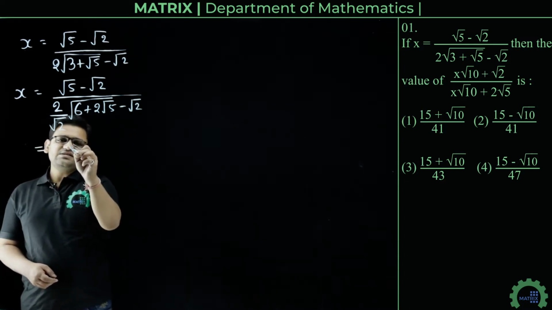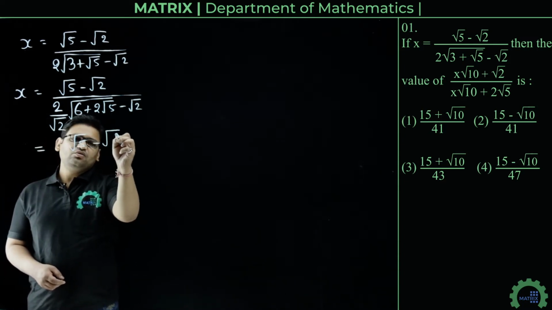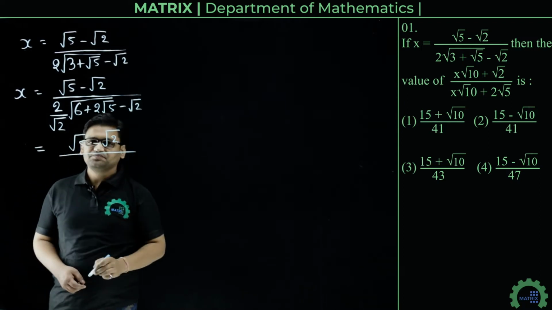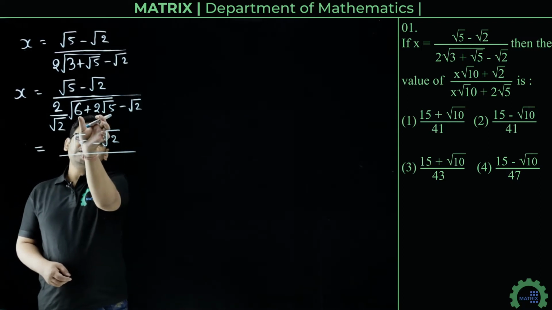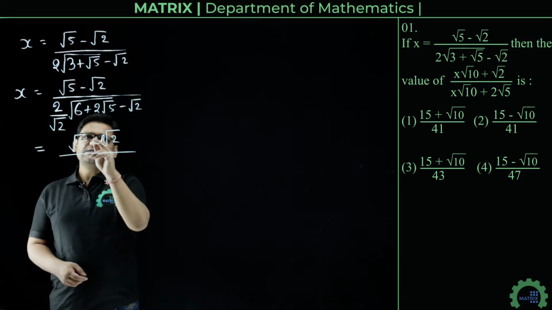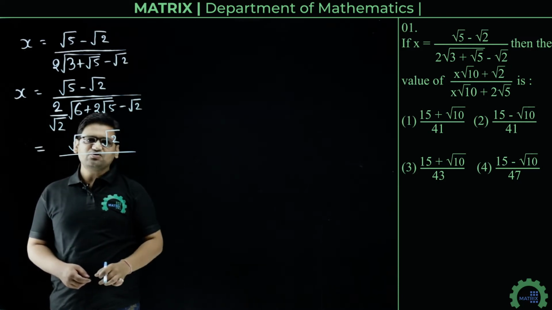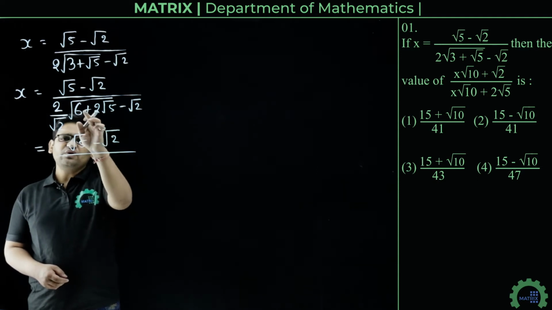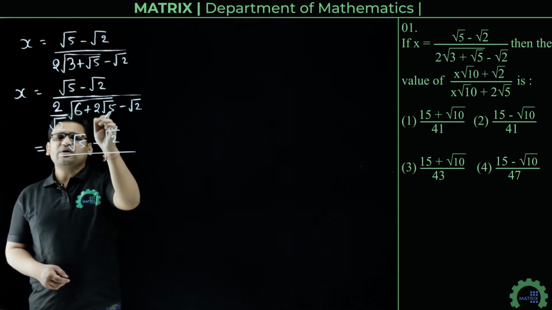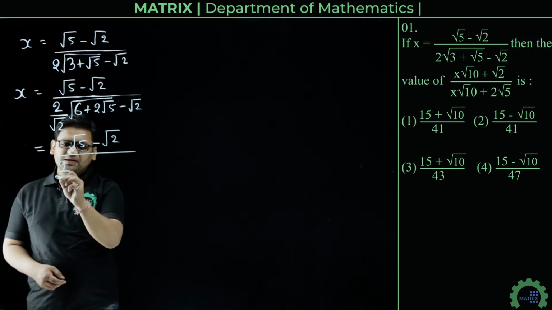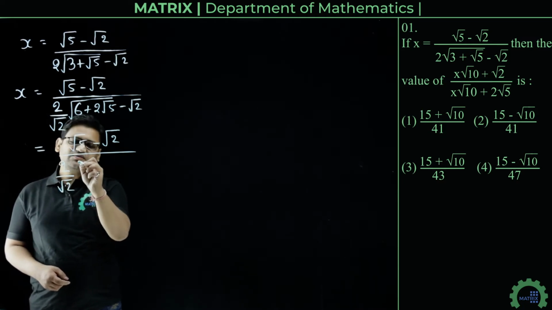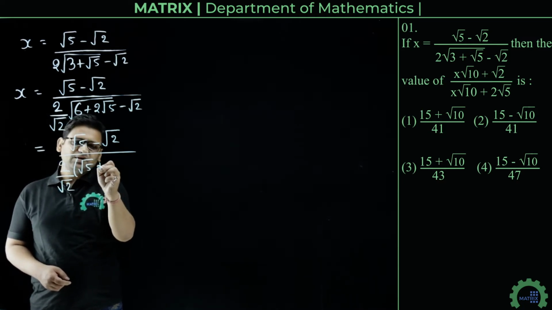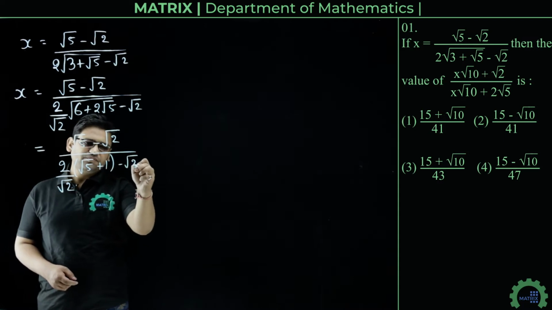We can write this as root 5 minus root 2 divided by, now this expression 6 plus 2 root 5 is nothing but root 5 plus 1 whole square. So we can write this as the square root of root 5 plus 1 whole square, that is square and square root cancel each other. So it will be root 5 plus 1. So it is root 5 plus 1 minus root 2.